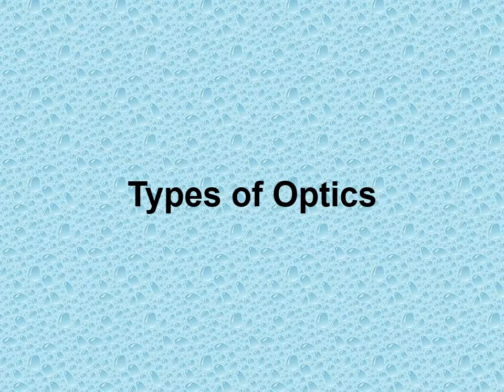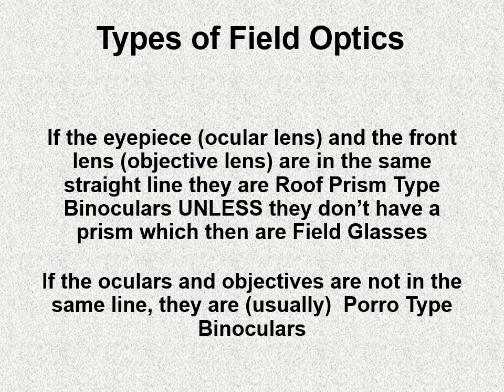Now, quiz time. Types of optics. The 2 main types of birding binoculars are roof prism type and Porro prism type. And I'll show you pictures of this.